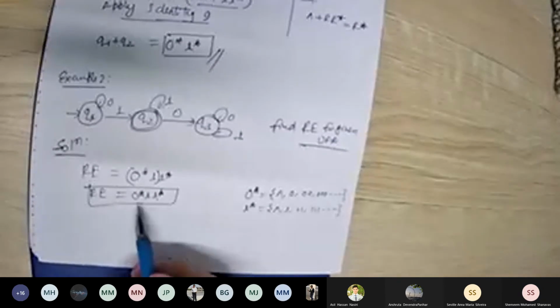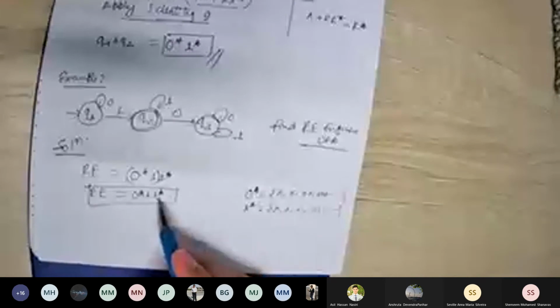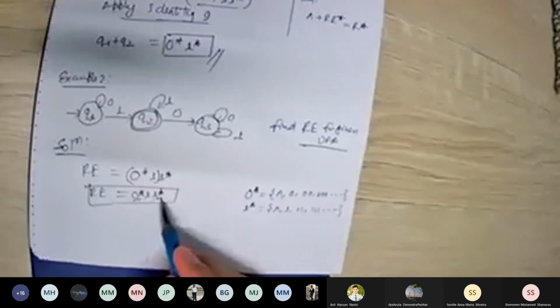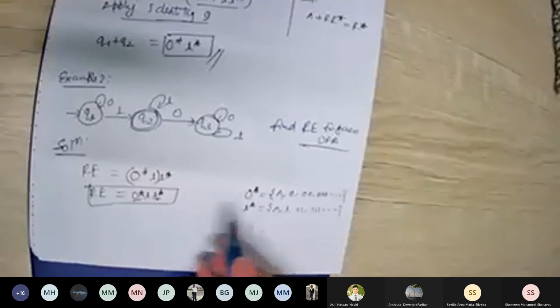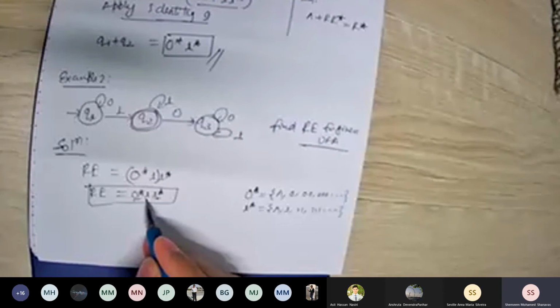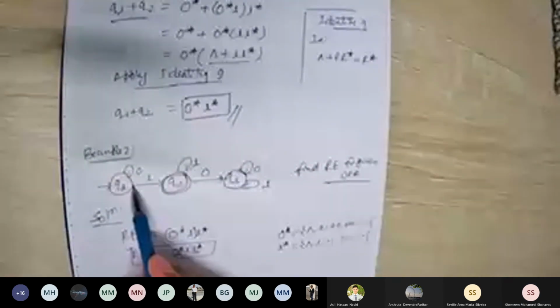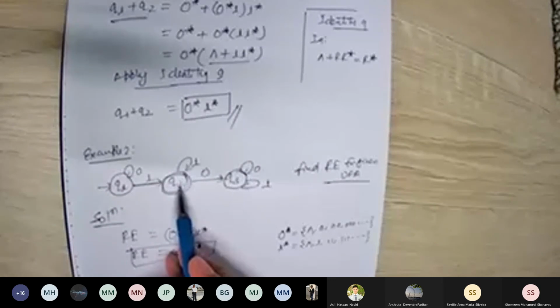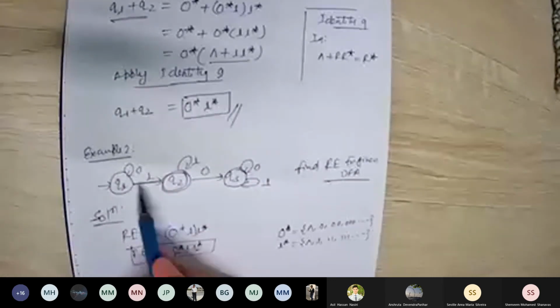At the place of 0 star, null is there and the 1 star value is also null. Then also this single one will be there or not? That's what you can see here: at least a single one you have to take as input, then only you can reach the Q2 final state, isn't it?